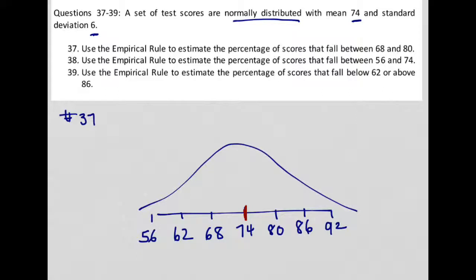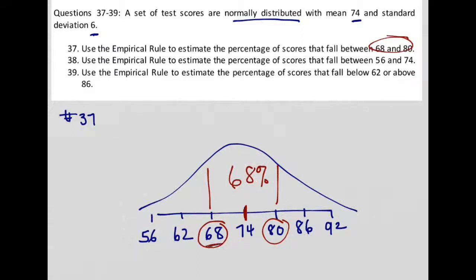And so what the empirical rule tells us is that we can determine the percentage of scores that fall a particular number of standard deviations away from the mean. So first of all, in 37, we're looking at the percentage of scores that fall between 68 and 80. And that's one standard deviation from the mean, so that's 68%.